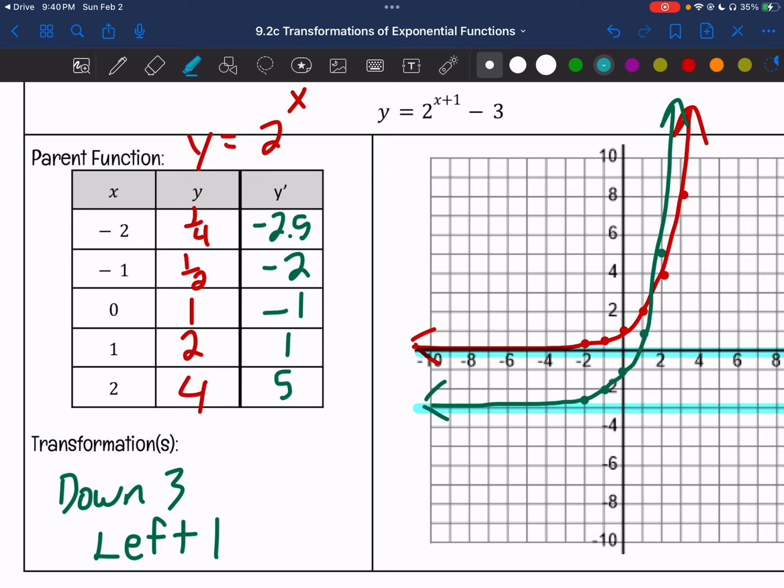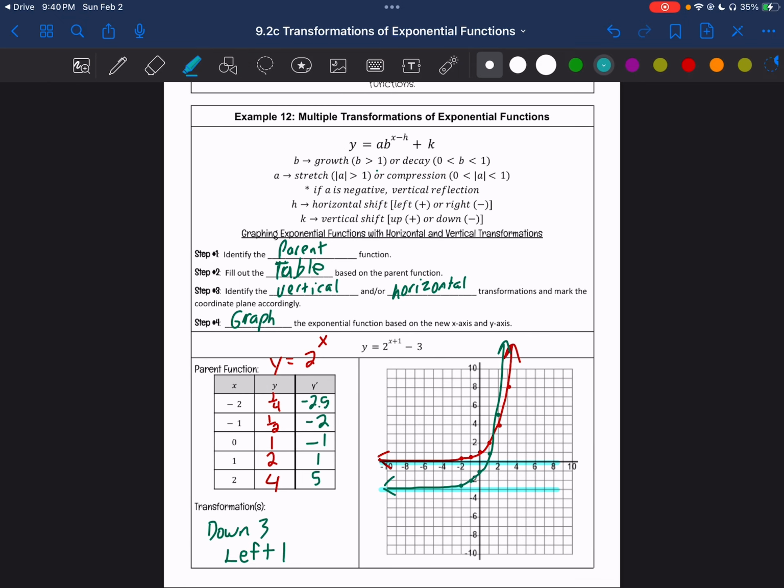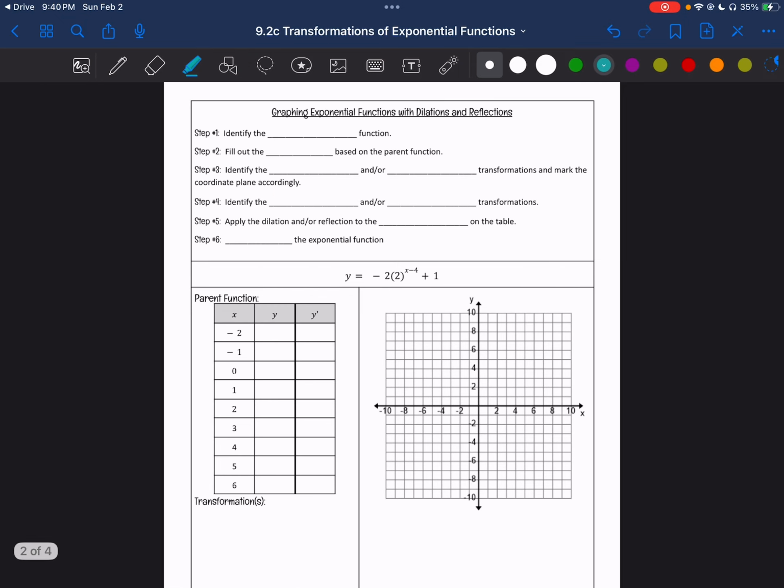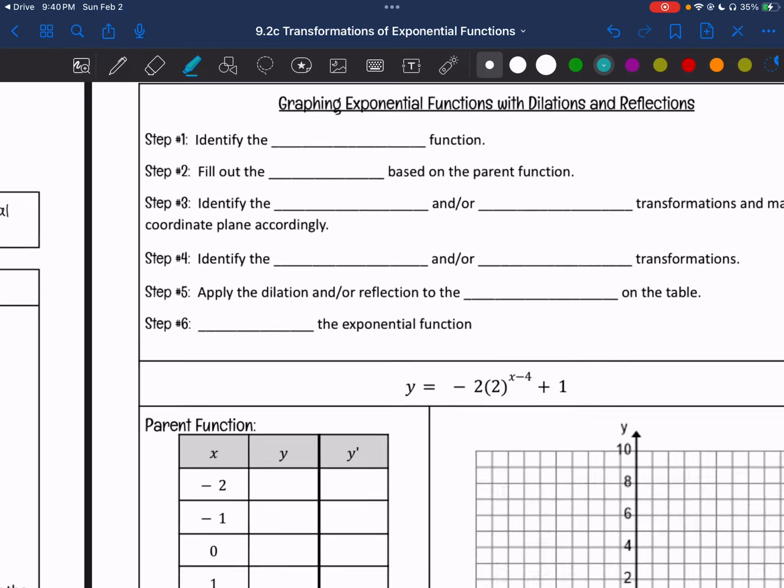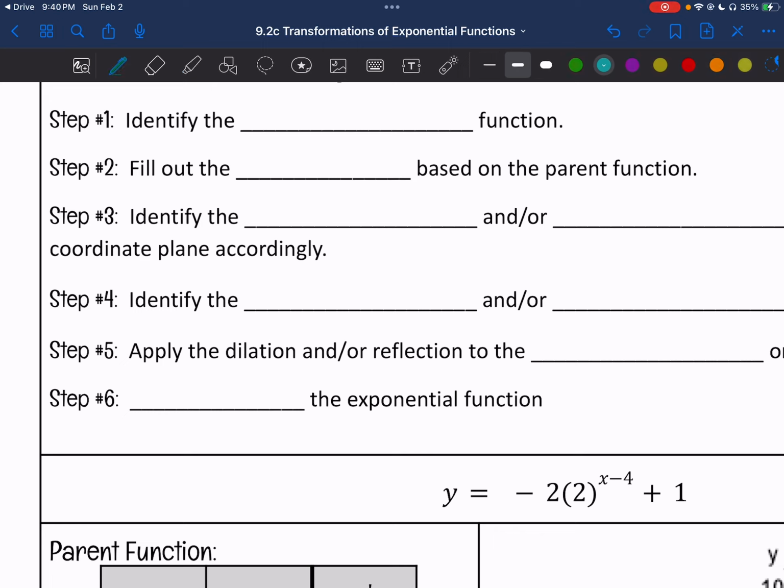So that altered everything. We moved down 3 and to the left 1. All right, let's take a look at our next page. Again, we're going to follow the same process when we have dilations and reflections involved as well. So we identify the parent function.